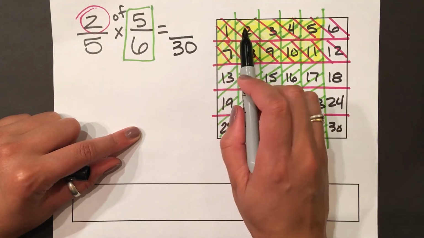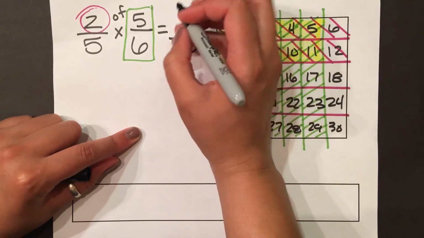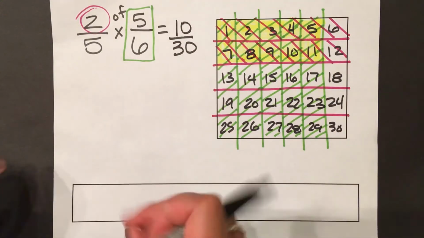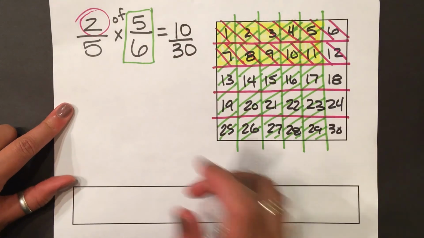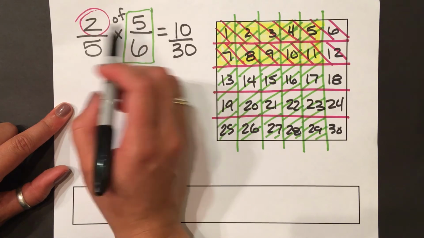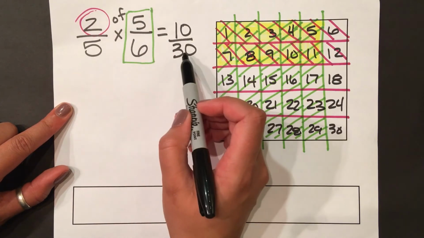And we shaded in 1, 2, 3, 4, 5, 6, 7, 8, 9, 10. 10 30ths. But we stop and we observe because this is the end of our problem. And let's check it with our math first. So when we multiply fractions, we multiply straight across. 2 times 5 is 10 and 5 times 6 is 30.